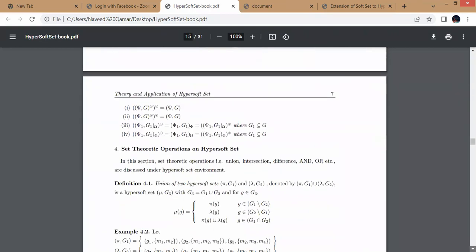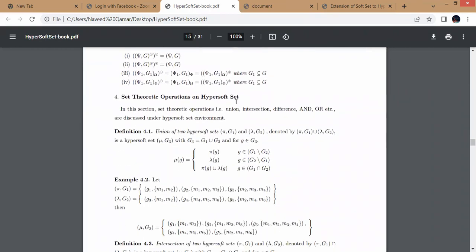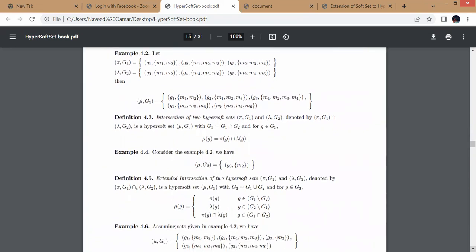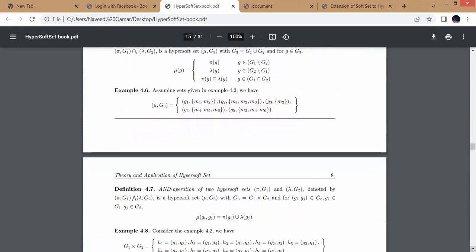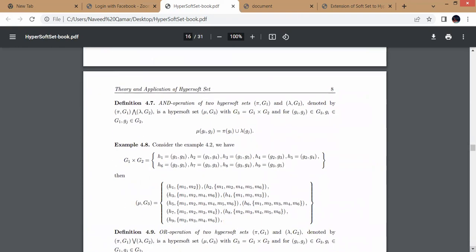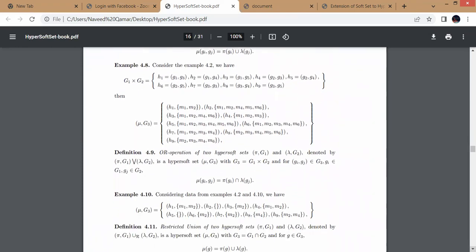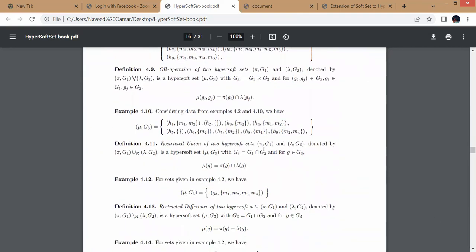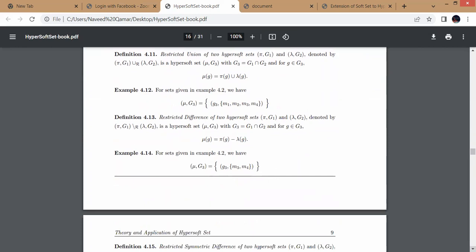These are properties, propositions, set theoretic operations like union of hypersoft set, intersection of hypersoft set, then AND operation of two hypersoft sets, OR operation of two hypersoft sets, restricted union of two hypersoft sets. Similarly, restricted difference of two hypersoft sets.